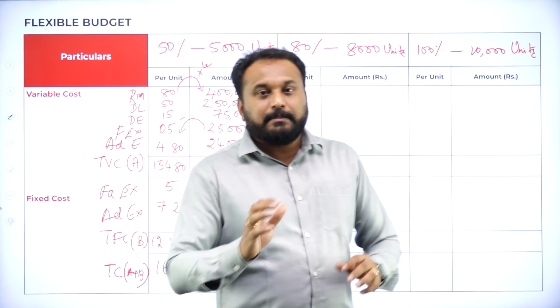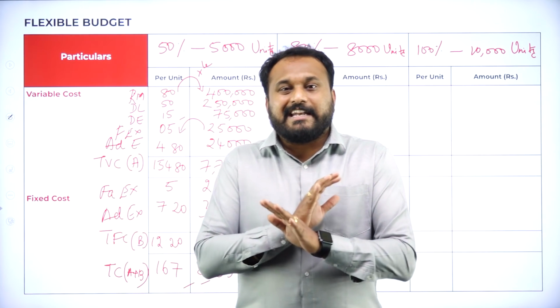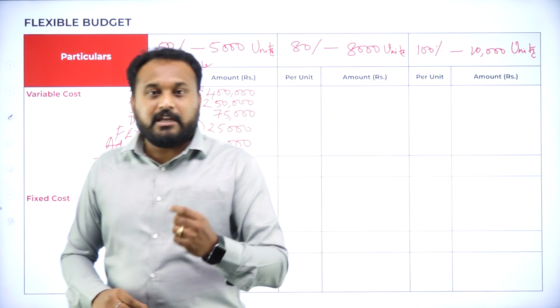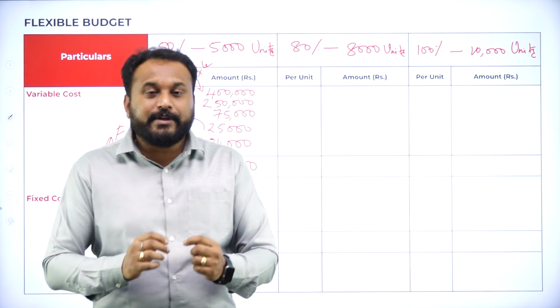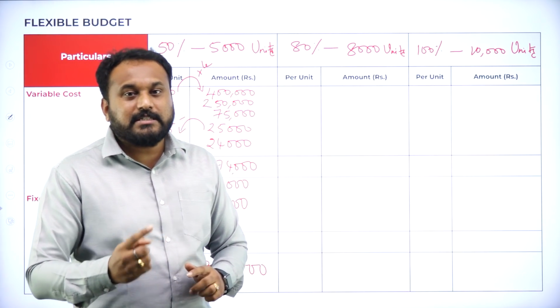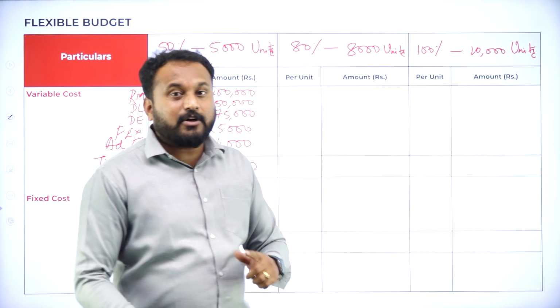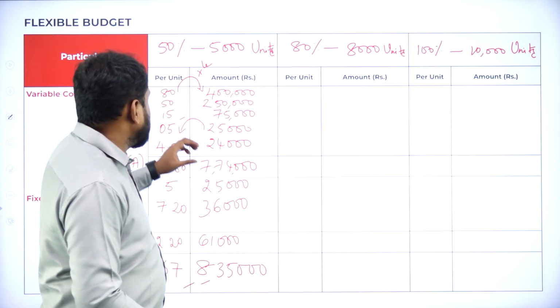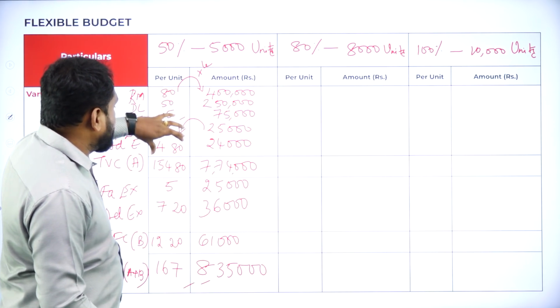Variable cost per unit will never change. What is the golden rule? The first is variable cost per unit will never change, but total variable cost changes. So what is this variable cost per unit? This is the variable cost per unit.